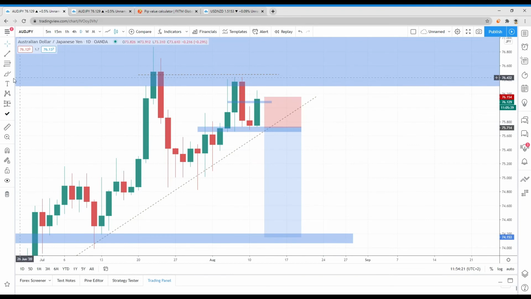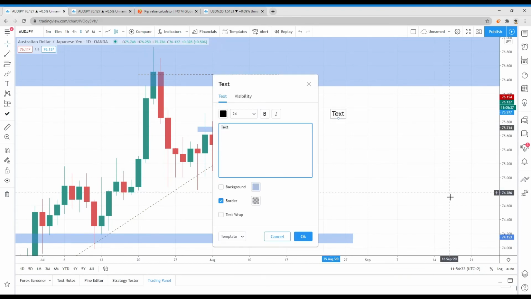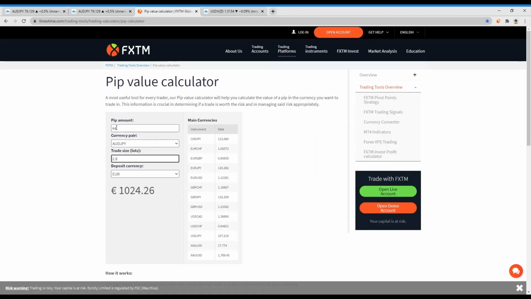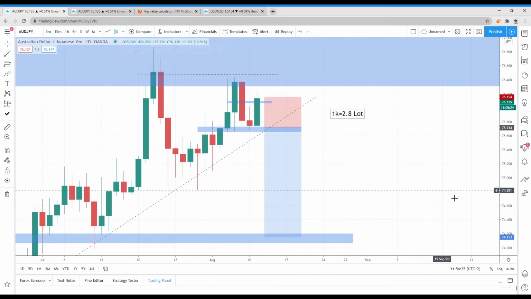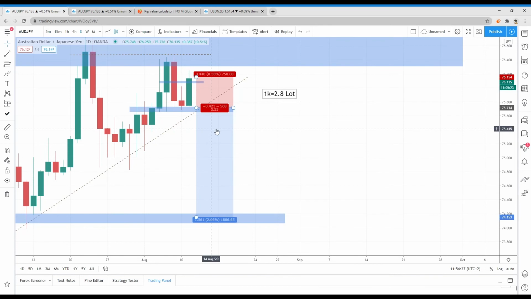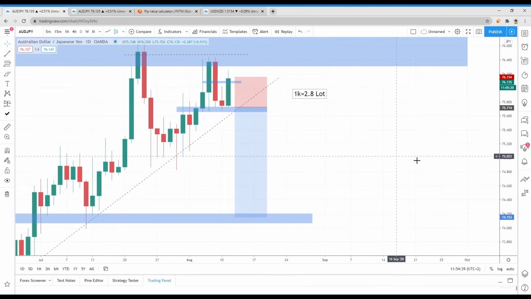So I'll mark that: 1k equals 2.8 lots. So I'll be risking 1k to win 3.5k.